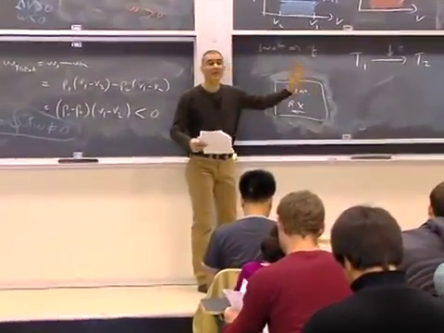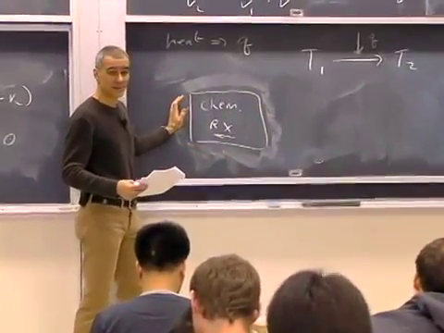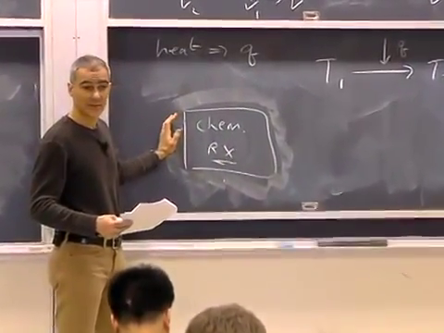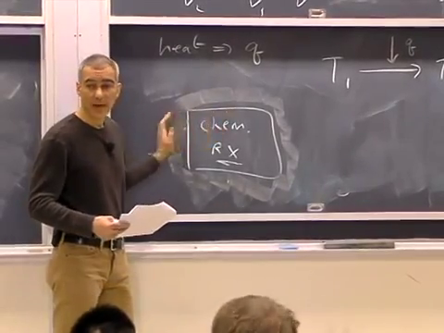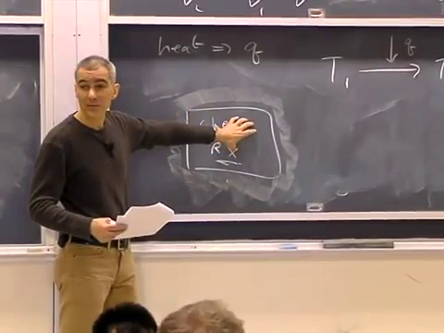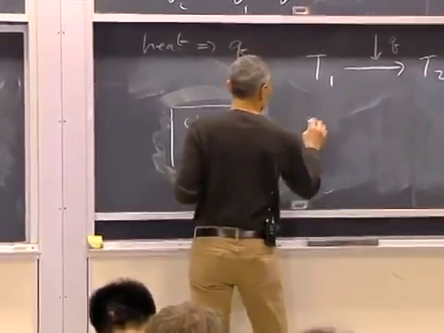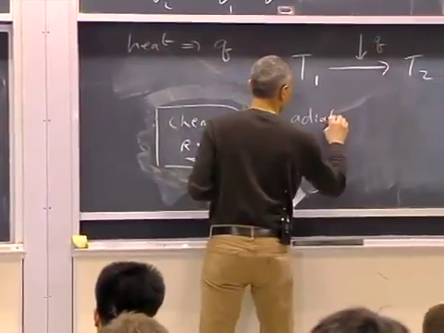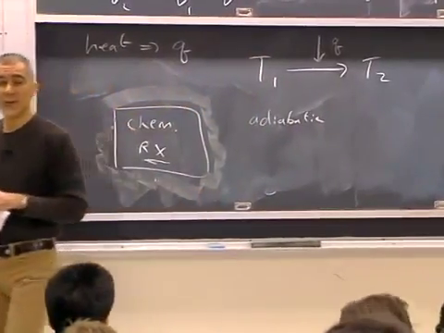I have to define my terms. My system is whatever's inside the box. It's insulated. It's a closed system. In fact, it's an isolated system. There's no energy or matter that can go through that boundary. Yet the temperature goes up. So I can have a temperature change which is adiabatic. Adiabatic means without heat.